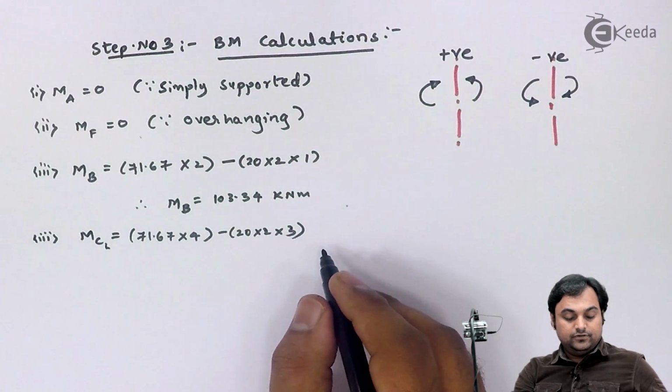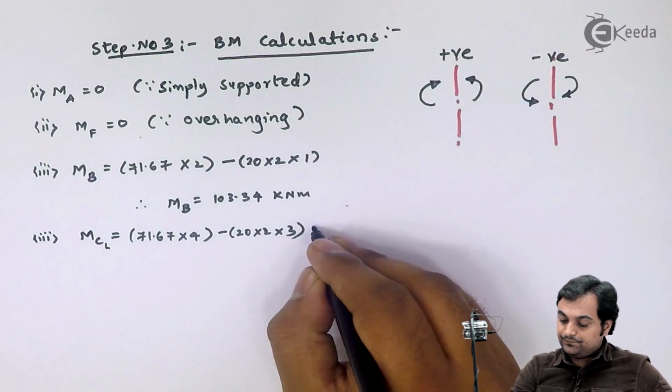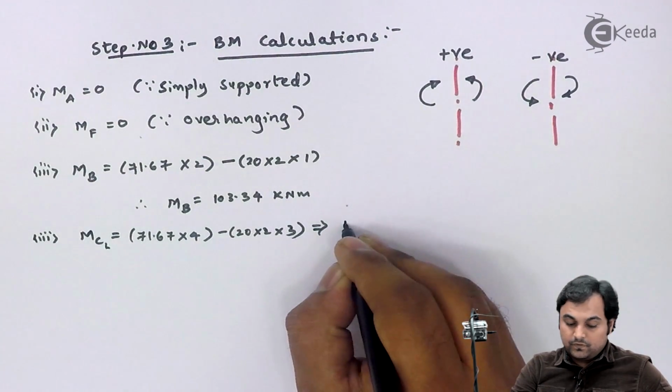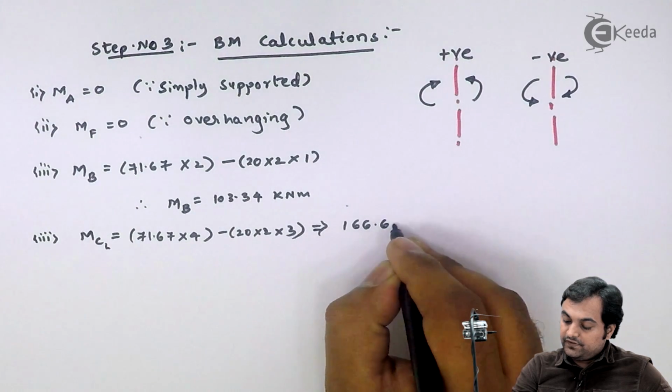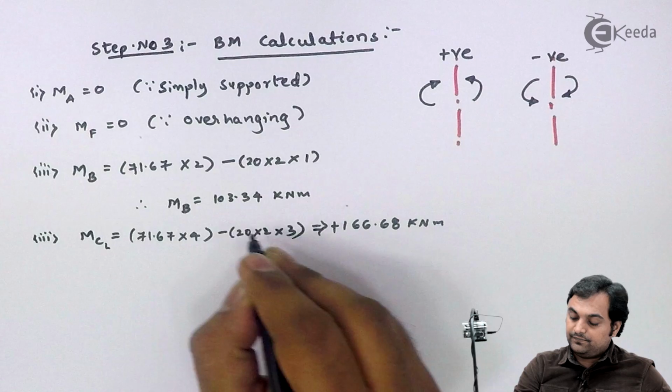If I calculate the answer, this comes out to be 166.68 kilonewton meter, again positive.